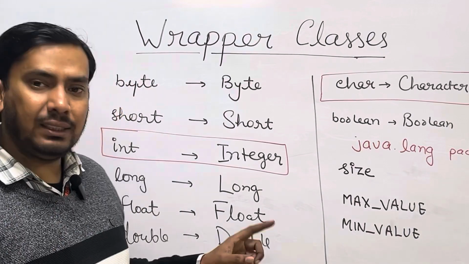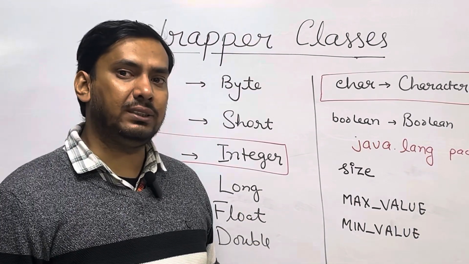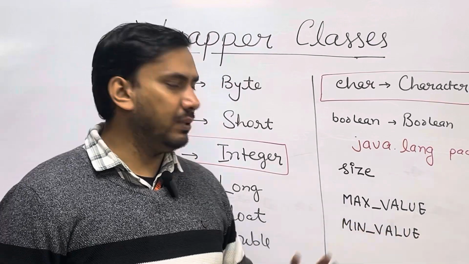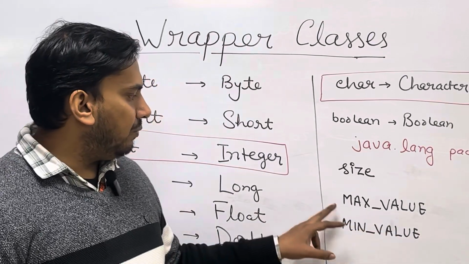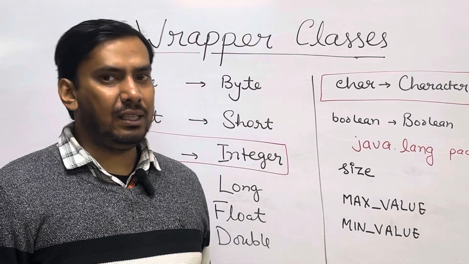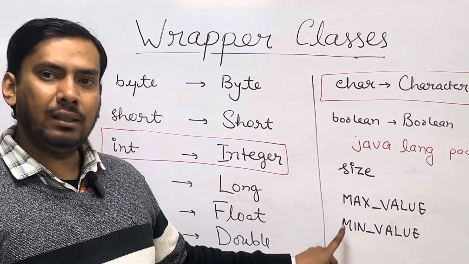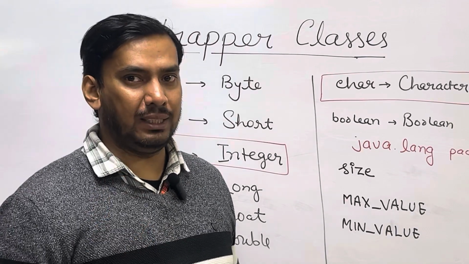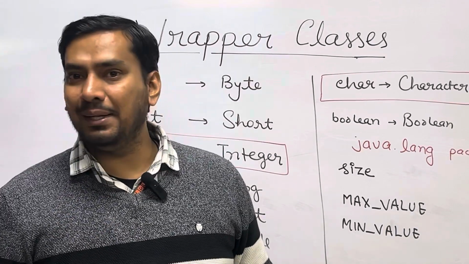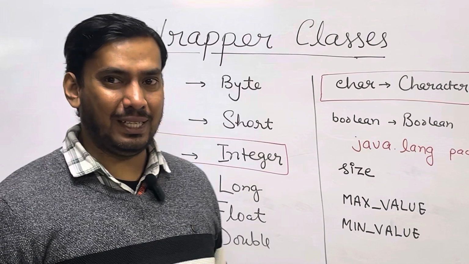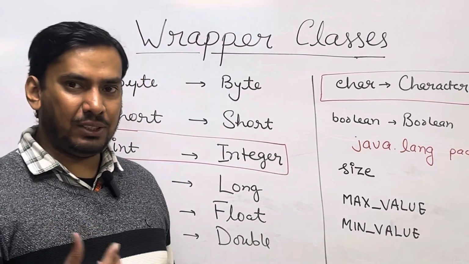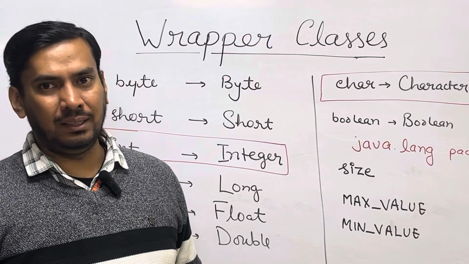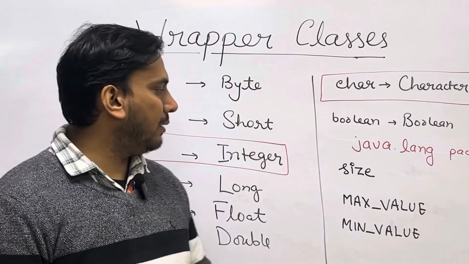I have already discussed in the naming convention that all the constants are in uppercase. These constants are declared in every primitive type class except the Boolean class, because boolean does not have any max value and min value, right. So, you can be asked a question, which of the following classes does not have the MAX_VALUE field. The answer will be Boolean.